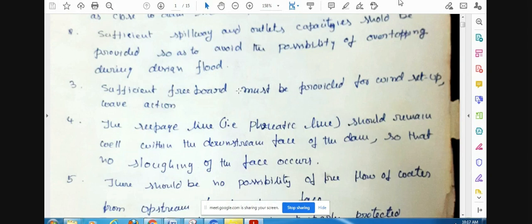The portion between the bottom and the point where the seepage line cuts the downstream face will always be in a saturated situation, and there is a possibility of failure of that face. So always keep the seepage line or phreatic line well within the limit. By providing various types of filters, it may be a horizontal filter, vertical filter, chimney filter or toe filter, you can keep the phreatic line well within the limit. In no way should it cut the downstream face of the dam.